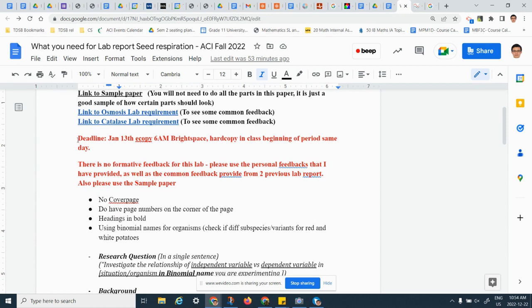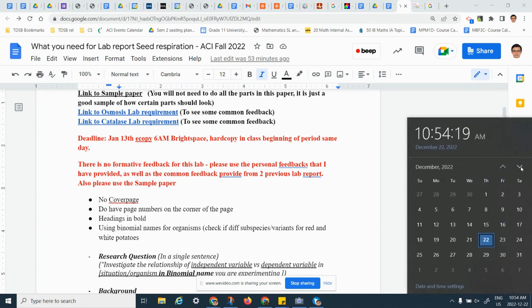Deadline. Because when we come back, we're back on the 9th. We have 1 week, 2 weeks, and then 2 days. So we only have 2.5 weeks when we come back.